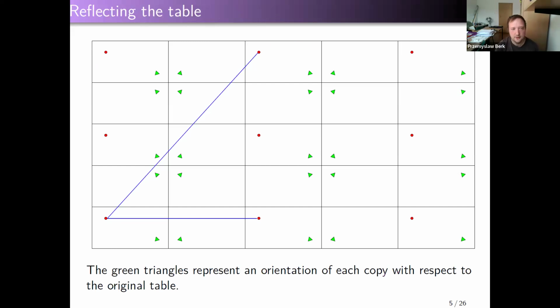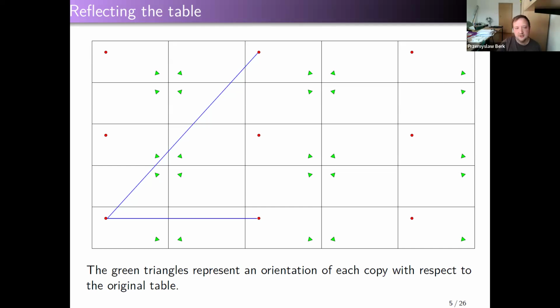Okay, so the red point is our ball, and the blue line is the orbit, right? So with a fixed direction, we hit the ball, and normally when we would reflect off the wall, keeping the rule that the angle of incidence is equal to the angle of reflection, we would get a broken line, right? So the blue line will become a broken line.